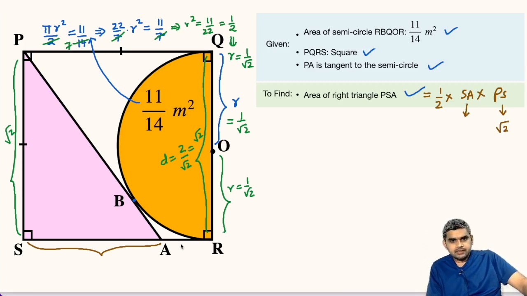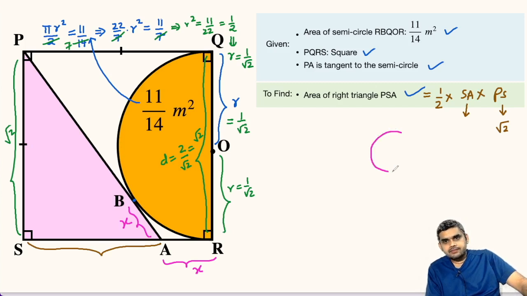For that, let us assume this length AR as X. So AB will also be equal to X. Why? Because we know that if this is a circle and from any external point two tangents are drawn to the circle, this is the point of contact, this is another tangent, and this is the point of contact, then these two lengths must be equal.